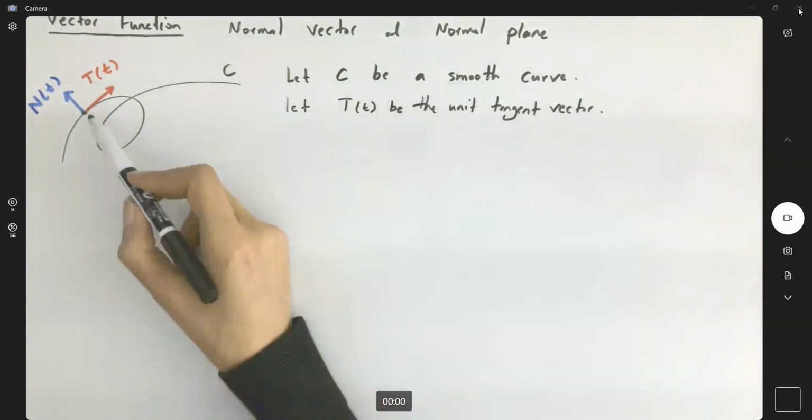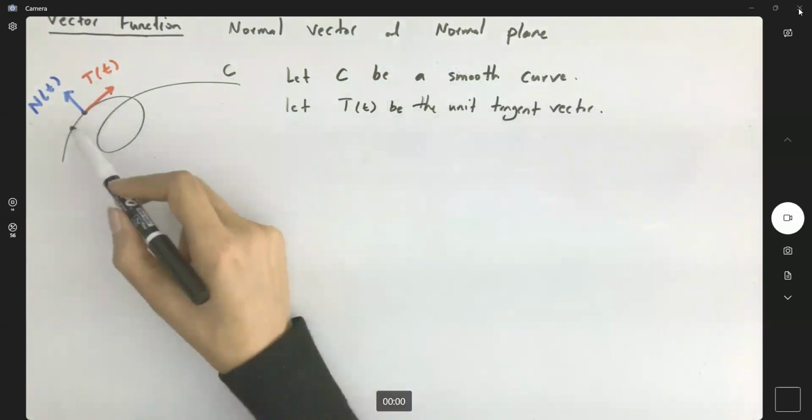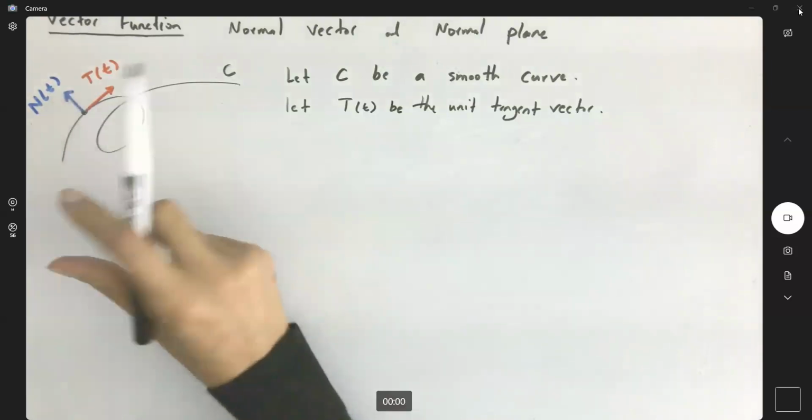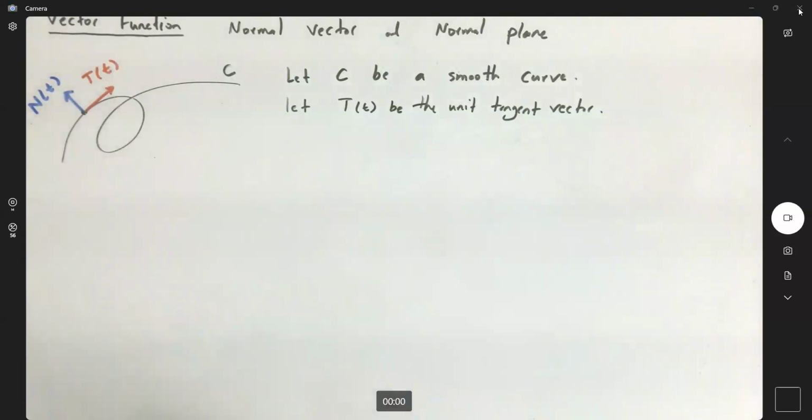Then the vector that is perpendicular to the curve at a given point is going to be a normal vector, and we're going to use a unit normal vector. Make sure the length is 1.